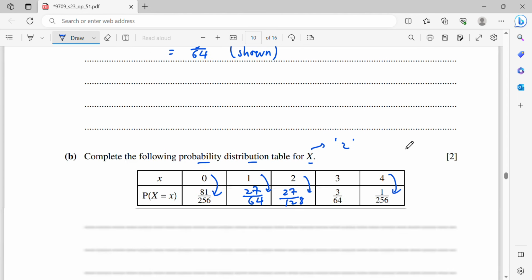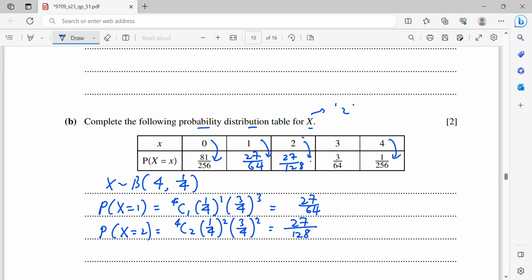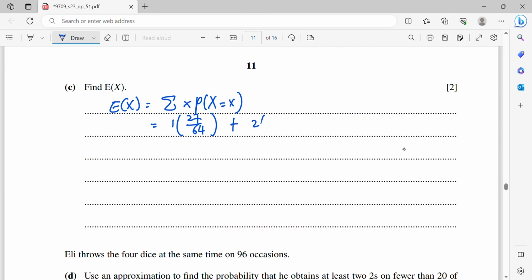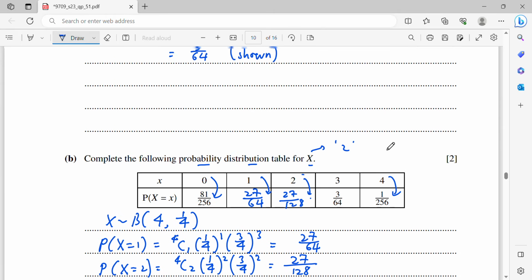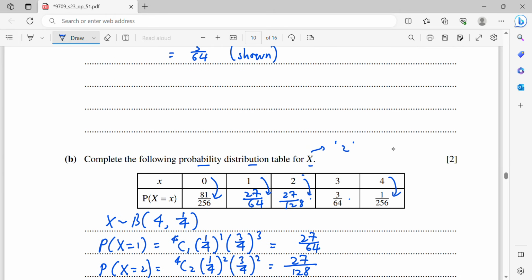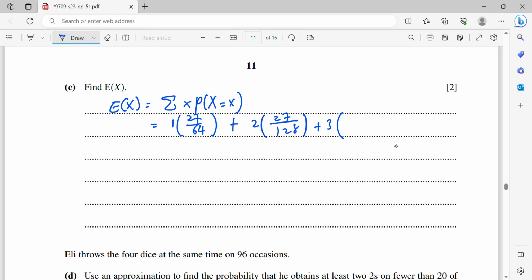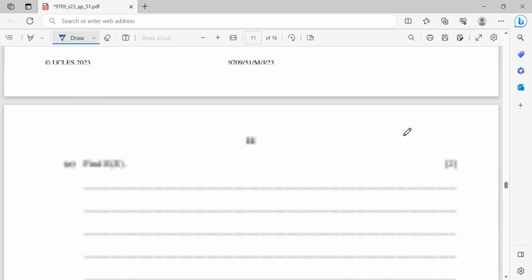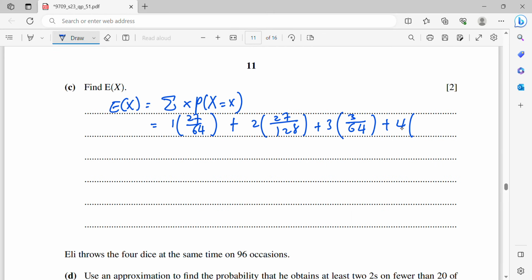Then the next is 2 times 27 over 128, plus 3 times, the next X is 3, probability is 3 over 64, plus 4 times the last probability, 1 over 256.